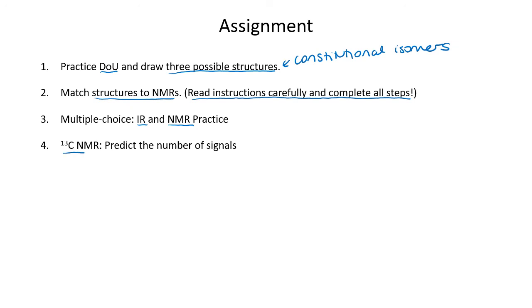And lastly, you'll be practicing carbon NMR, so you'll be given several molecules. You just have to predict how many signals you would expect to see depending on the number of different types of carbons in the molecule. Make sure that you print out the chemical shifts sheet and also take note of the process that I outlined for matching molecules to NMR spectra.